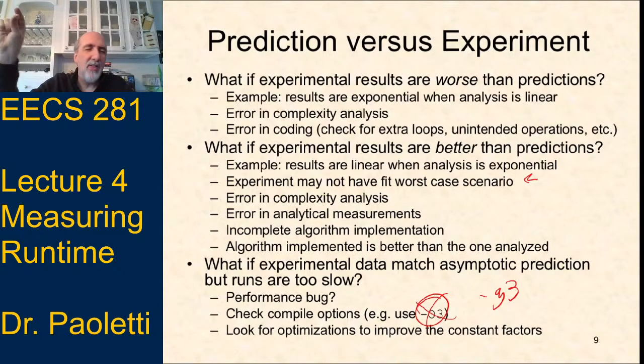It's just on the bar up at the top, you change the target, and there's a little drop-down button that says debug. You change it to release. And in Xcode, I think it's somewhere in the scheme. I don't remember Xcode that well. And then also, if you're a little bit too slow, we might just look for improvements to the constant factors. 10n is still n, but 5n is twice as fast.